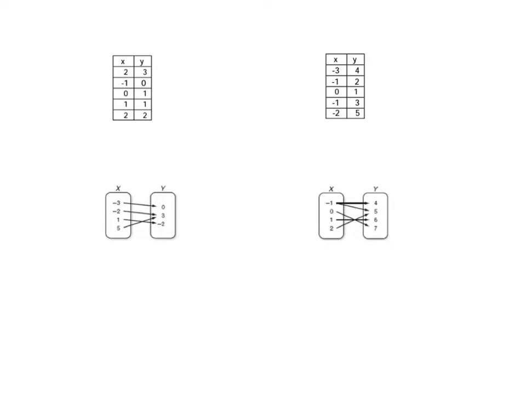All right, let's look at a table. Are these tables functions? Do these tables represent functions? We want to look at our x values. Does every x value only have one y value? Well, every x value only shows up one time, right?